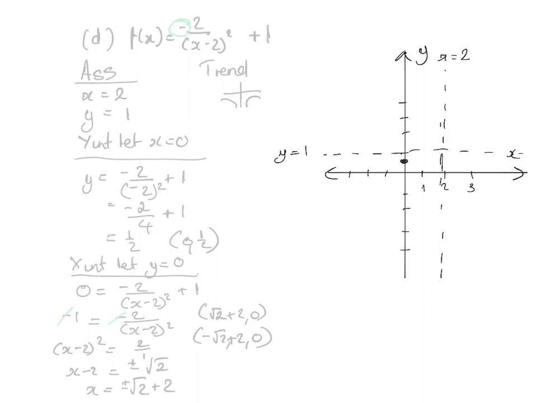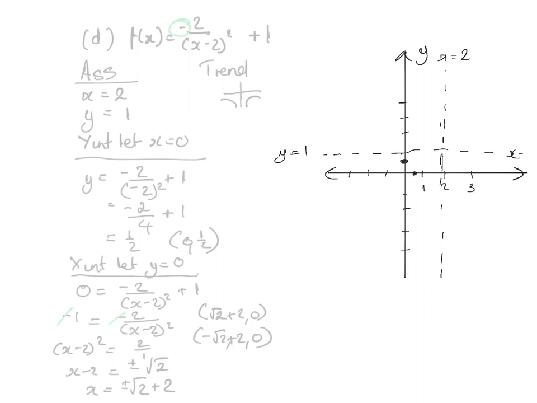We know that one of the x-intercepts is at minus root 2 plus 2. So we know it's on this side of 2. So minus root 2 is 1 point something. So we're going to be over here somewhere.